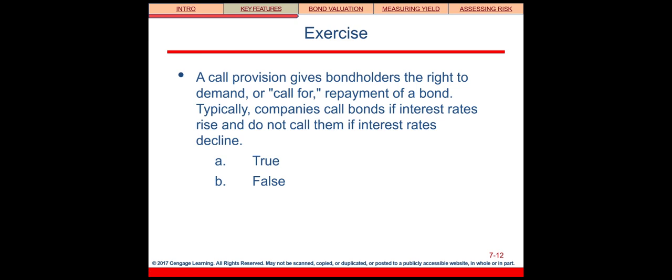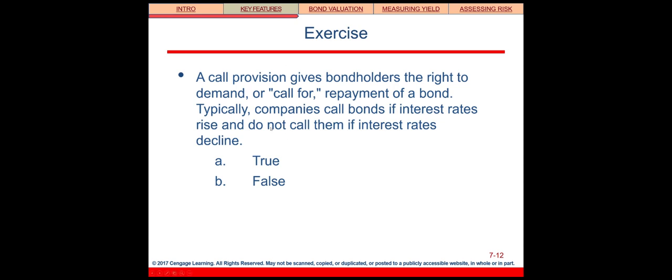In this exercise, there are 2 sentences, and to be honest, both sentences are wrong. The first one says a call provision gives the bondholder the right to demand or call for repayment of a bond. It's not the bondholder that has the right to call, it's the bond issuer, right?